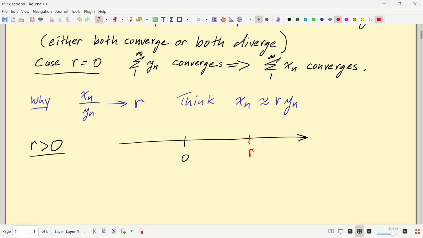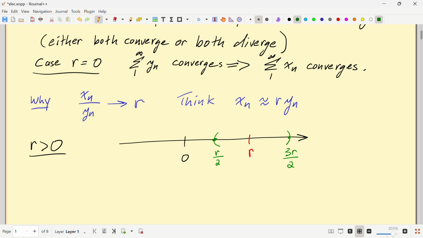And I don't want it to get close to 0. And of course, I don't want that ratio to get too big. So where would I like it? When you think about stuff like this very long, you realize, oh, why don't I pick r over 2? So this would be the r over 2 side of that interval, and this would be the 3r over 2 side of the interval.